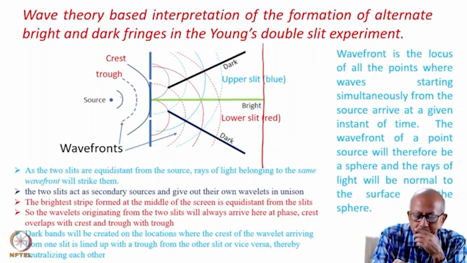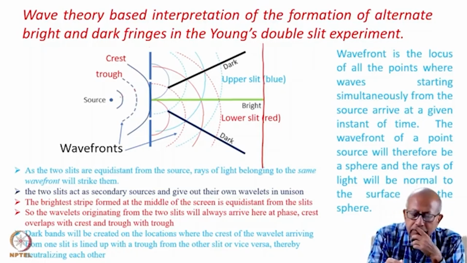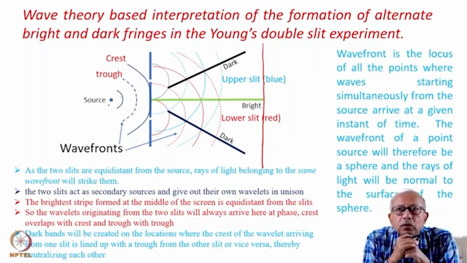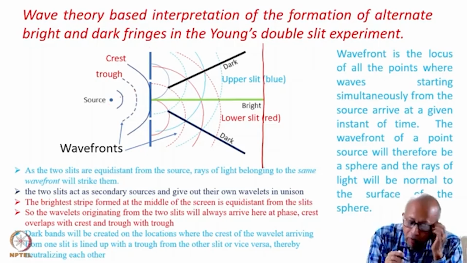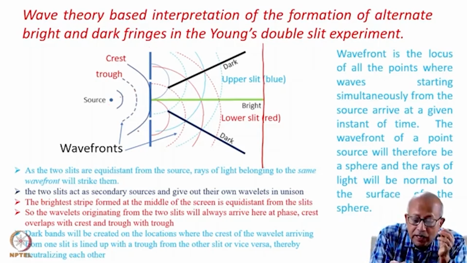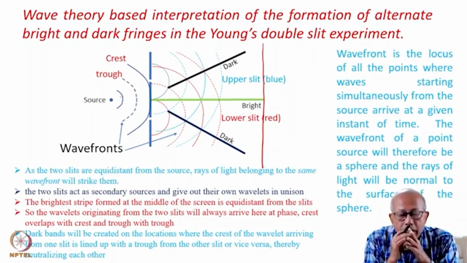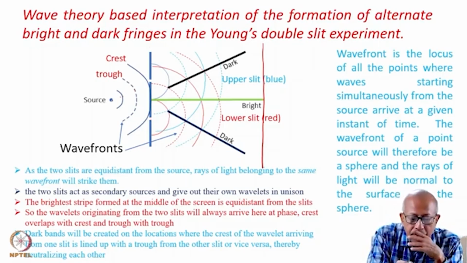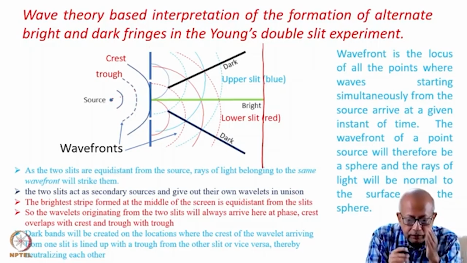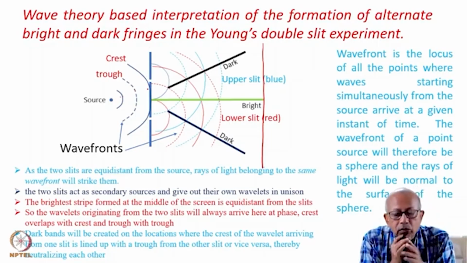These are the alternate crests and troughs. Now, as the two slits are equidistant from the source, a ray of light originating from the same wavefront would simultaneously strike both. If it has started at a particular time, it will reach the two slits simultaneously.